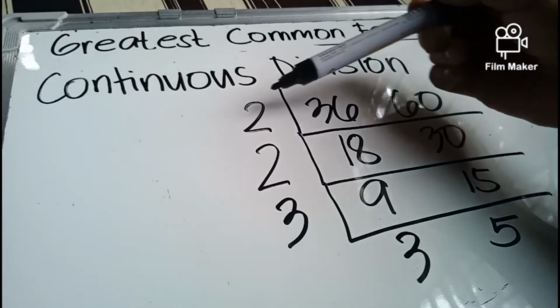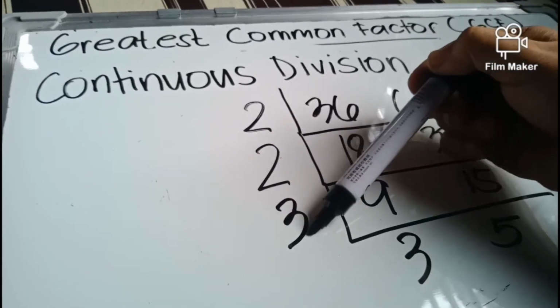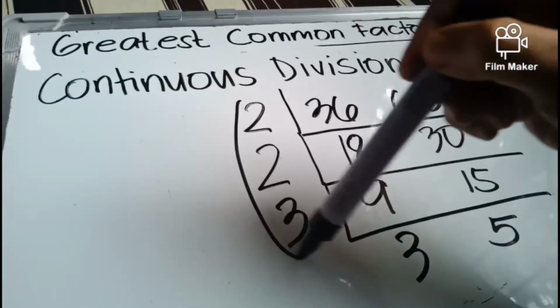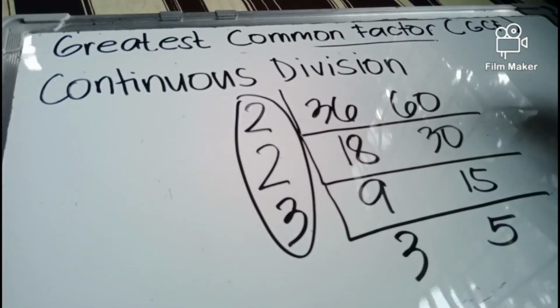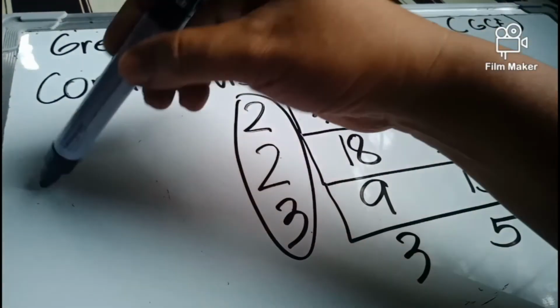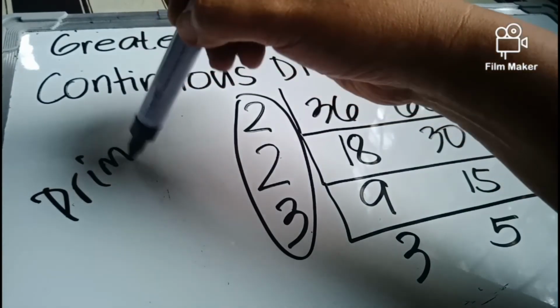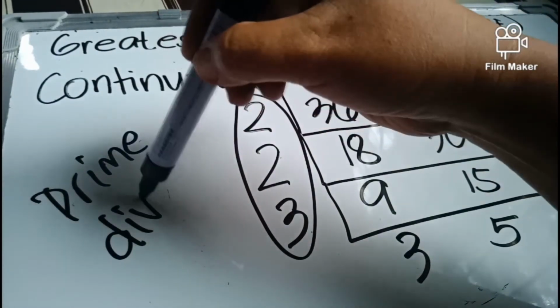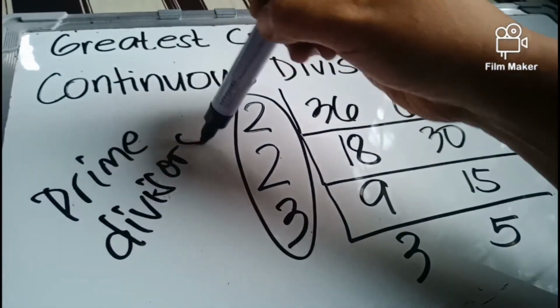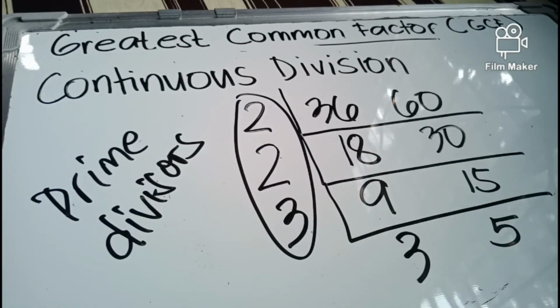So, itong 2, 2, and 3, ito yung tinatawag natin na mga prime divisors. So, paano ba natin mahanap ang GCF? Simple lang.